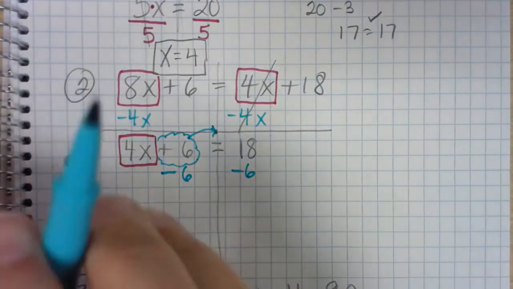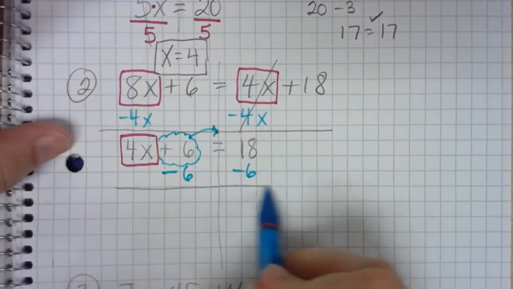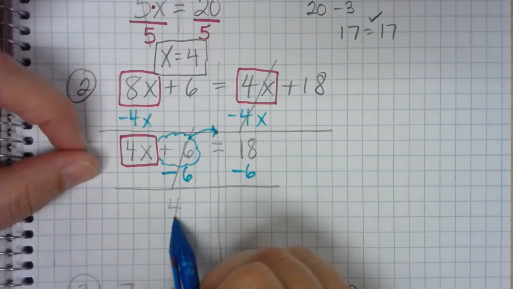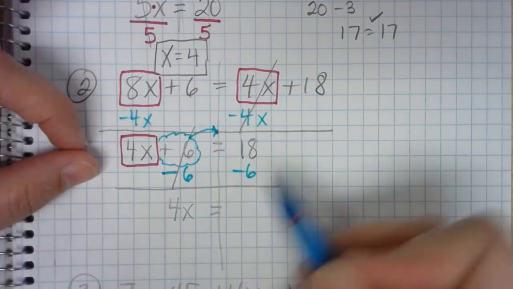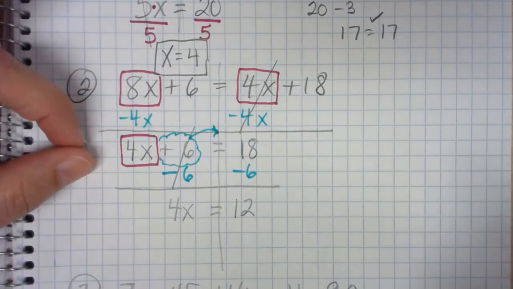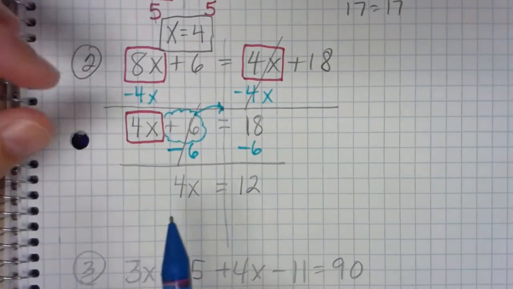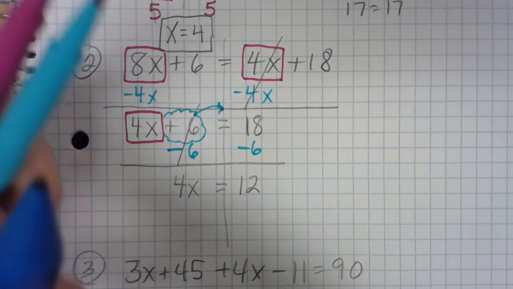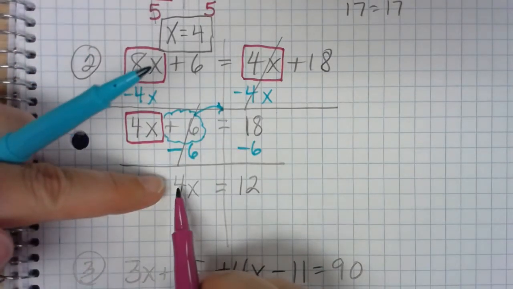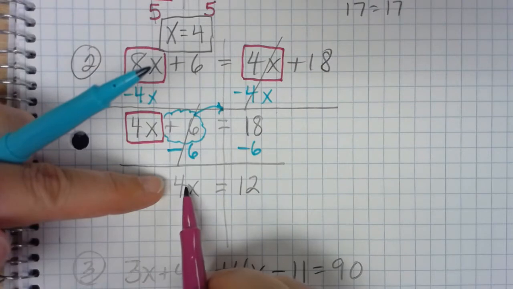Minus 6. So plus 6 minus 6 goes away. So I'm left with 4x over here. And then 18 minus 6 is 12. We almost have the x by itself now. So the very last step is to get rid of whatever's in front of the x. And what operation is connecting the 4 to the x? What operation is right in here?